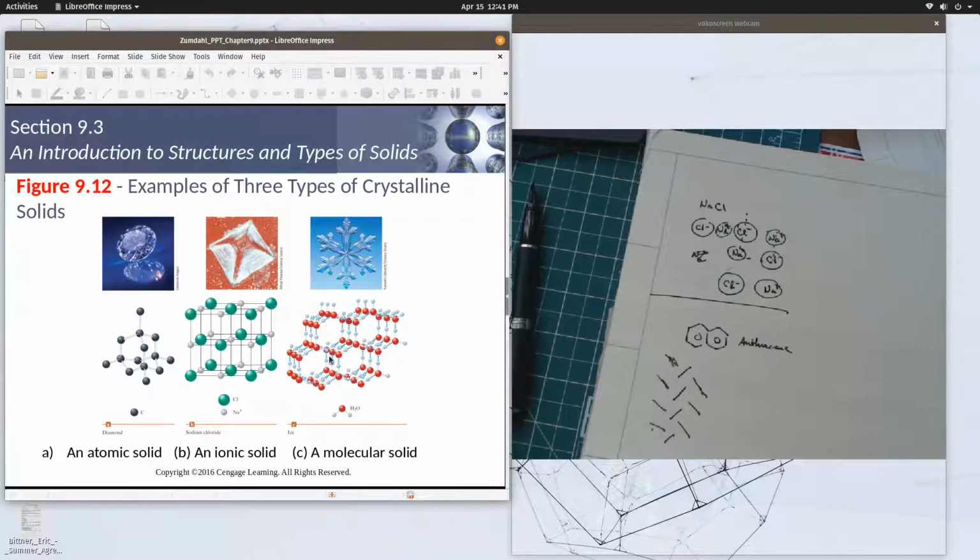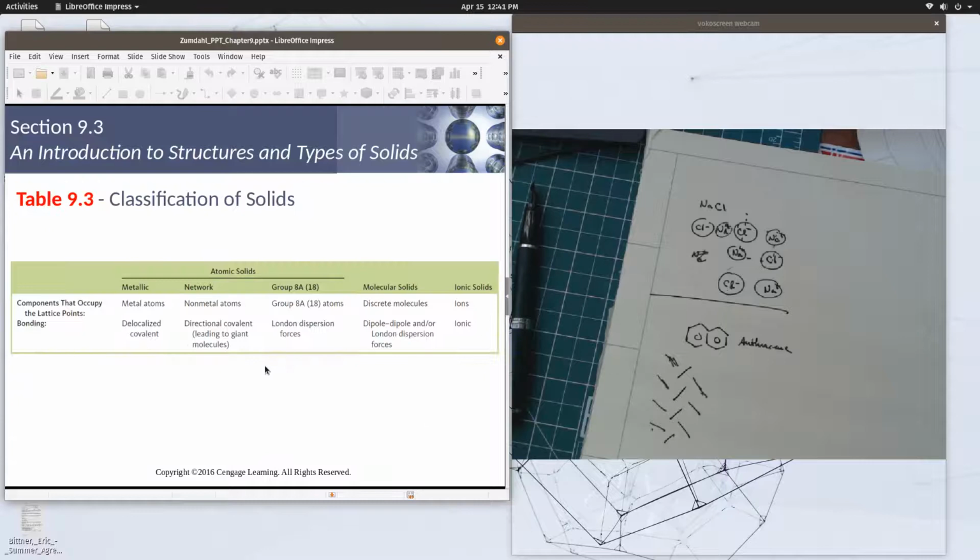But this is a molecular solid. The molecular positions define the lattice points rather than the atomic positions. Okay, so typically, we can define a metallic versus a network solid.